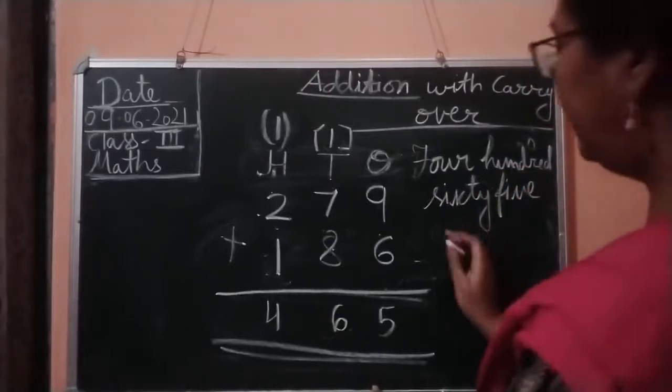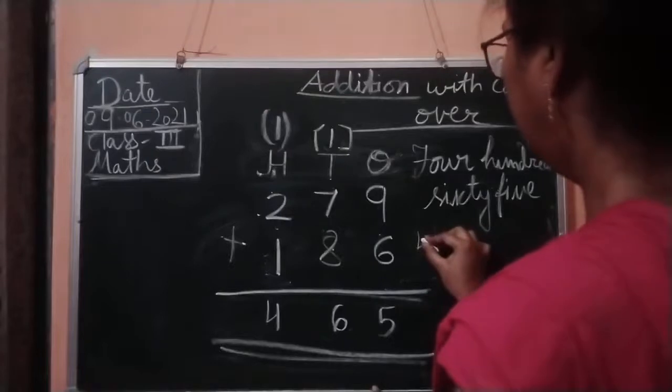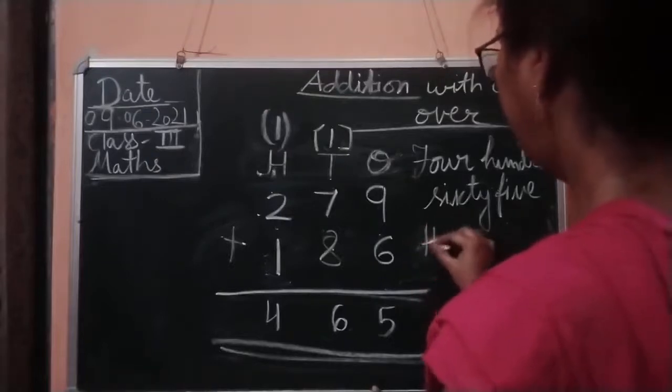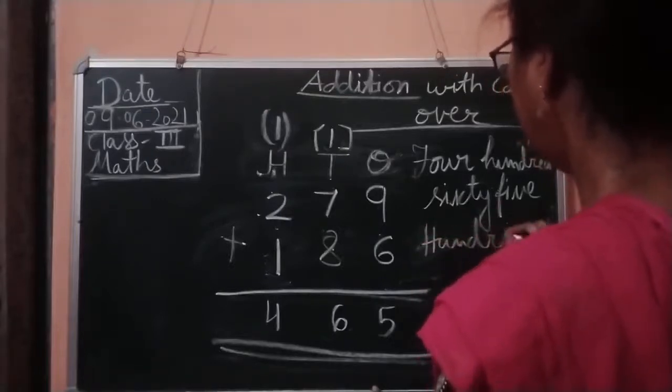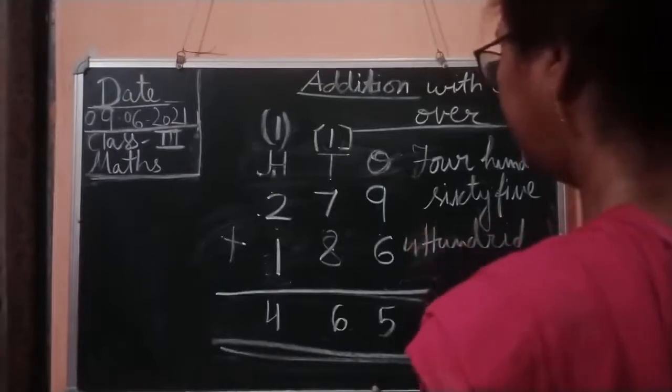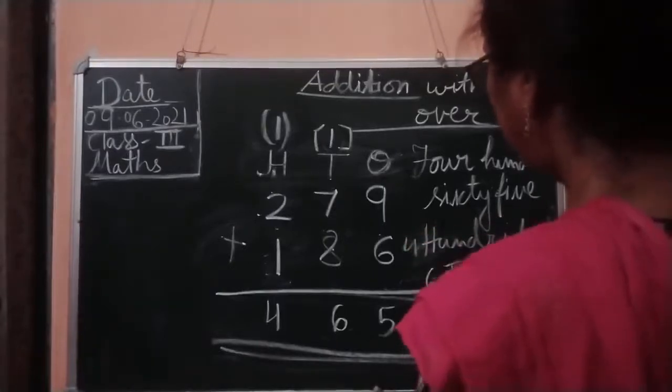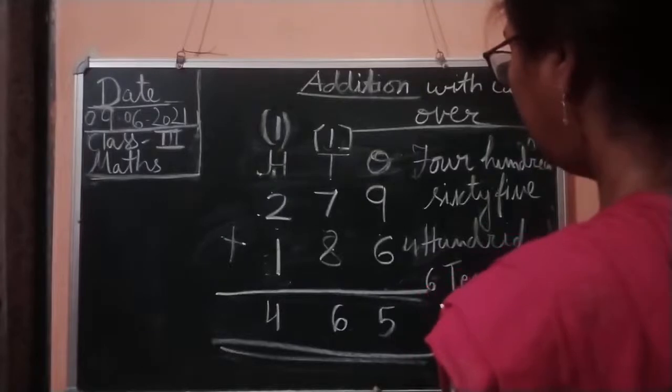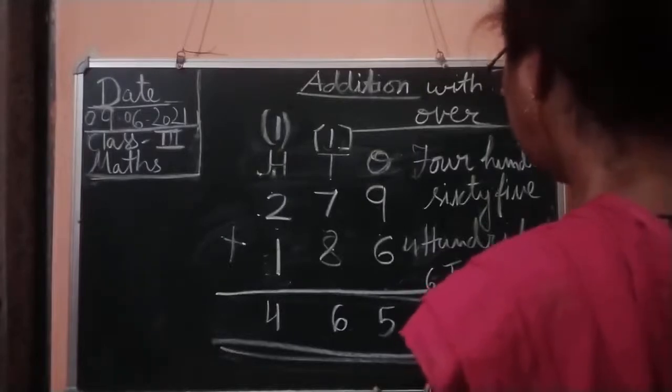So 400, it means 400, 6 tens and 5 ones.